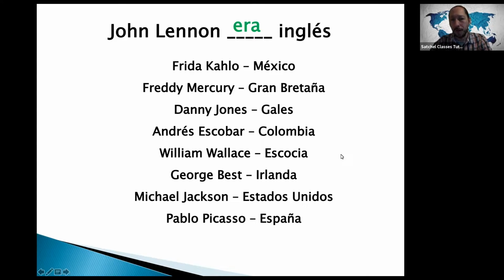So my task for you is first, try to write a sentence saying where they are or where they were from. So for instance, Frida Kahlo was from Mexico. Can you write that down? Let's try and see if you can write a sentence in Spanish using the name of the person, the verb era, and then of course the nationality of the person.